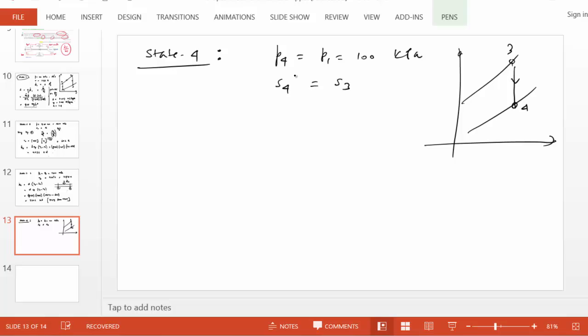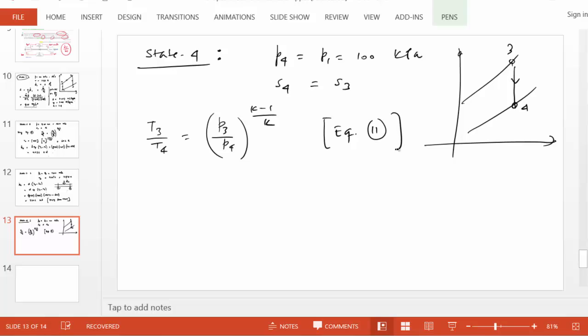Again, if you use our isentropic relationship, we know that we can write T3 over T4, the isentropic, equal P3 over P4 to the K minus 1 over K. The isentropic formula, again, we used it for compressor also, equation 11 from the formula sheet.